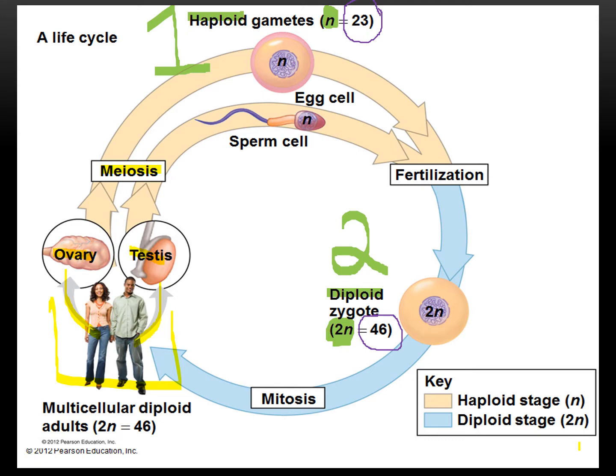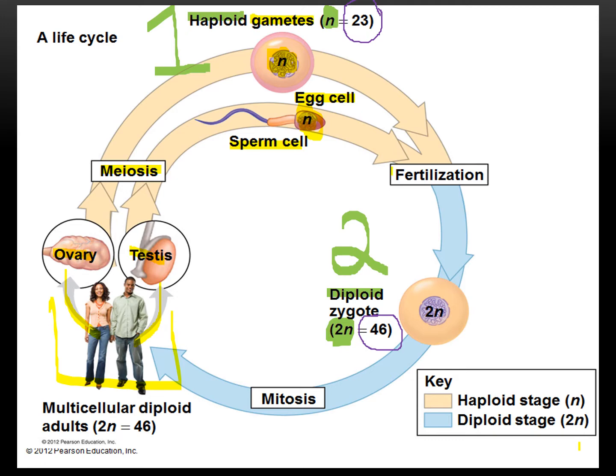And as a result of meiosis taking place, we can produce gametes, which is essentially your egg cell and your sperm cell. They are haploid, and so meiosis has halved your chromosome number, or in other words, meiosis has ensured that we move from a diploid chromosome state to a haploid chromosome state.